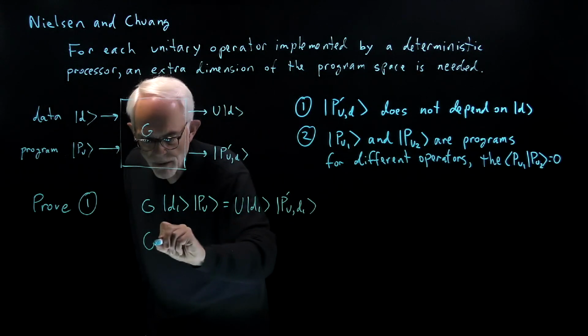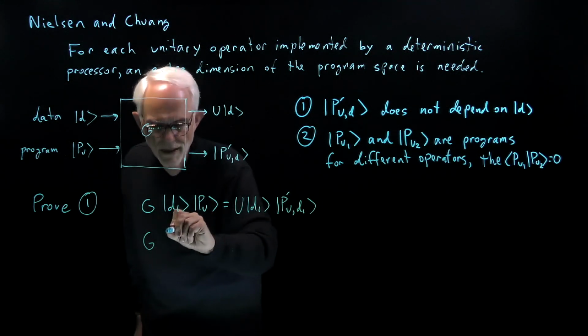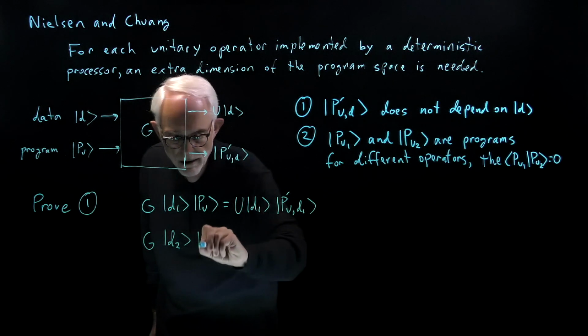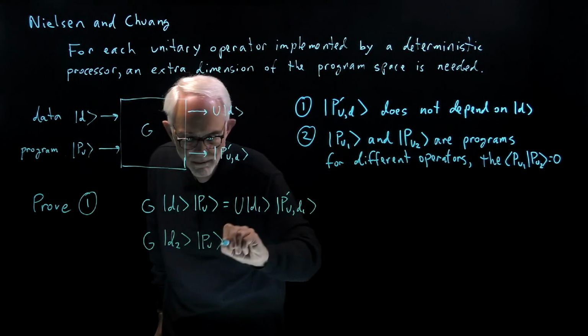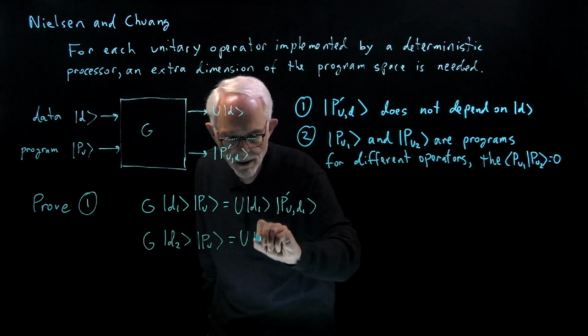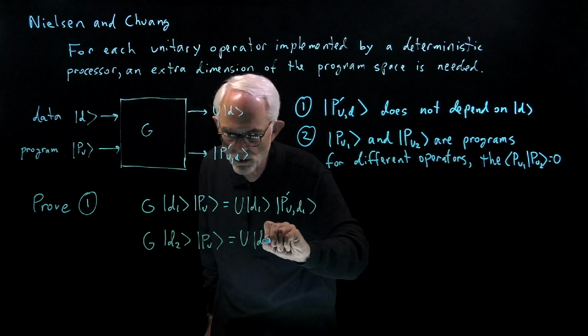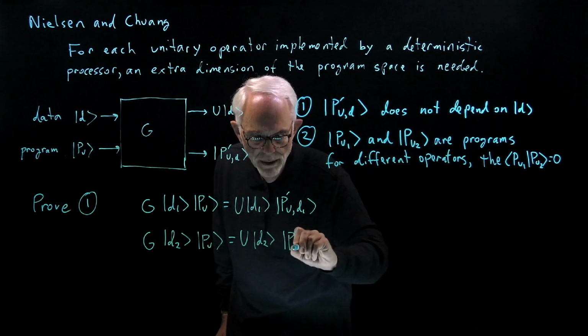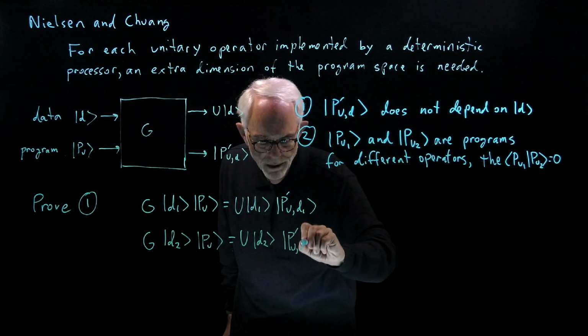Then I'm going to do it for a different data state: G acting on D2 P_U equals U D2, and then P prime U comma D2.